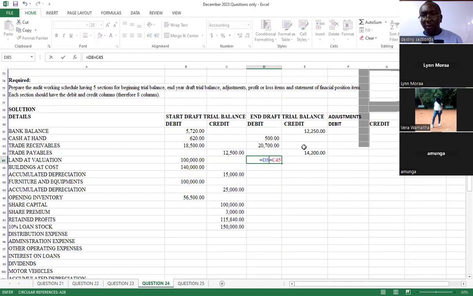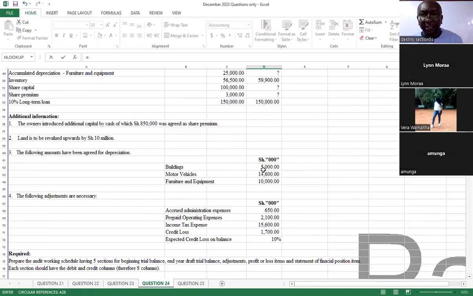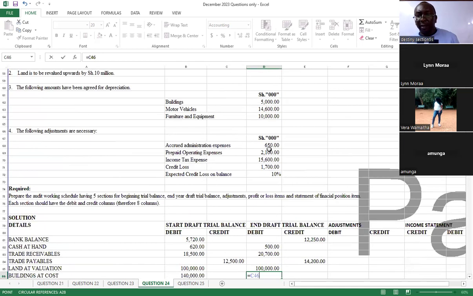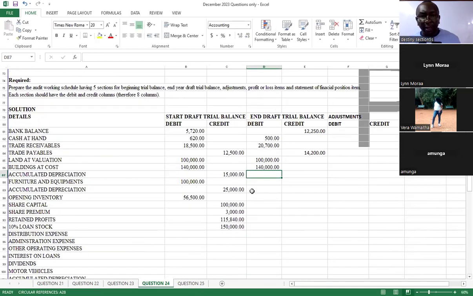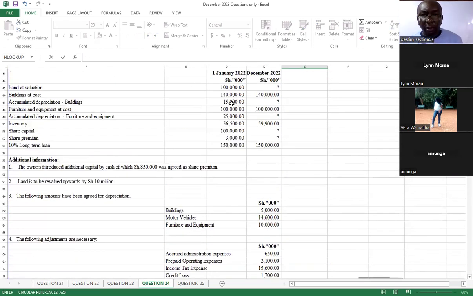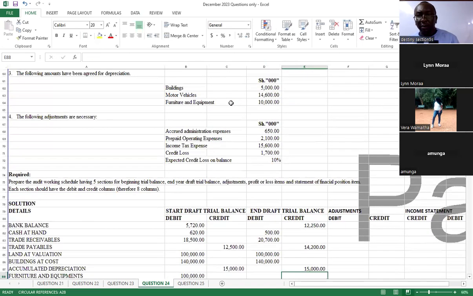Sorry. Don't want bold. Then for the buildings at cost, it has not been affected by anything else. So we just take this value here and then we enter. Then for the accumulated depreciation, the same, it's not affected. This one, we enter.